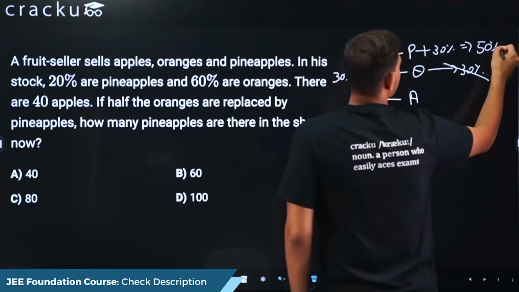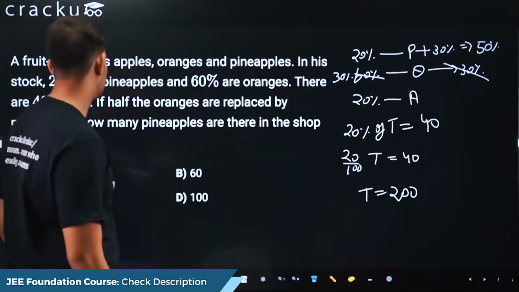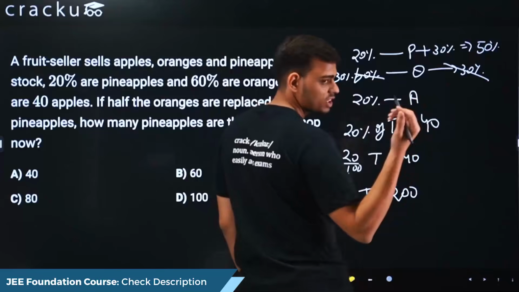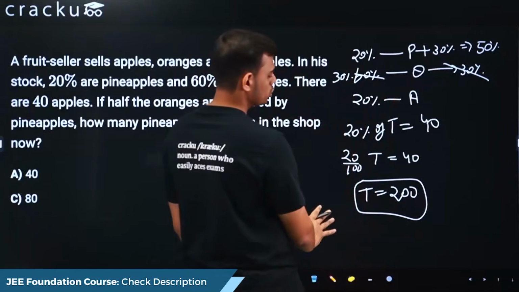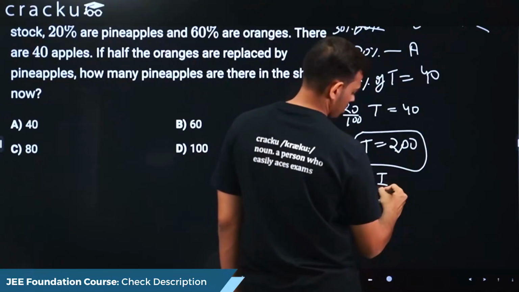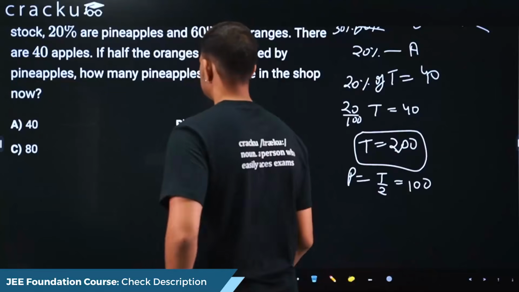So now pineapples contribute 50% of the total fruits. How many pineapples are there in the shop? Pineapples are 50% of total. Total is 200. What is 50%? Half. So half of 200 is 100. So there are a total of 100 pineapples. Correct answer is option D.